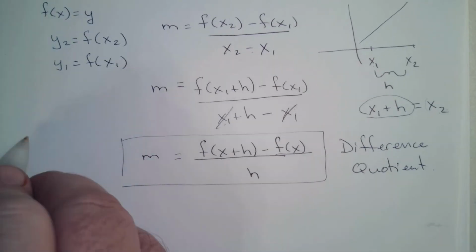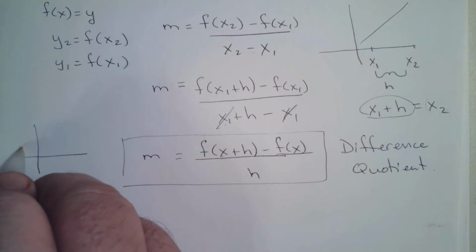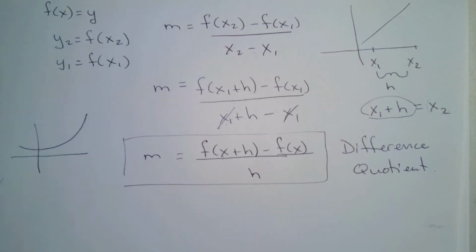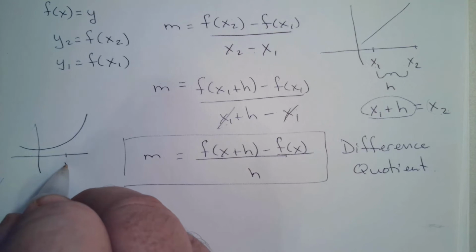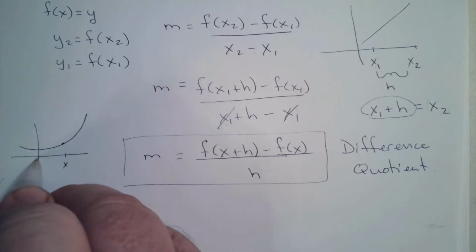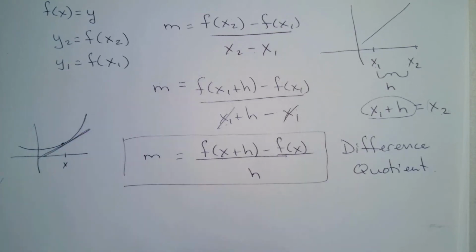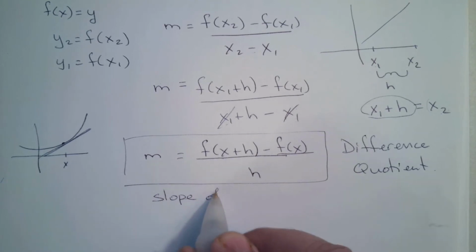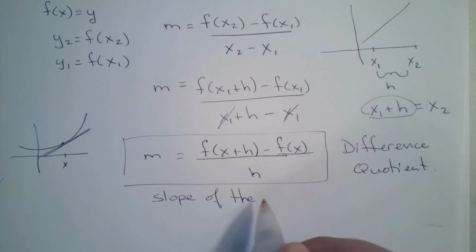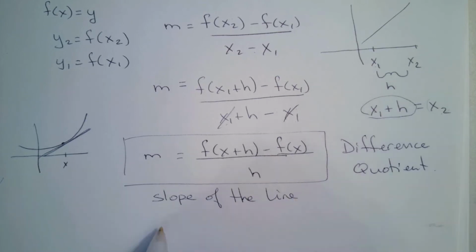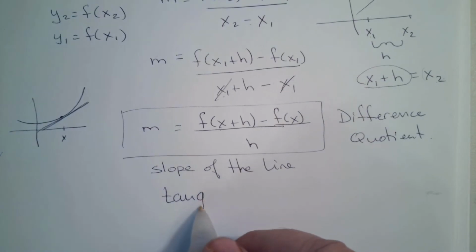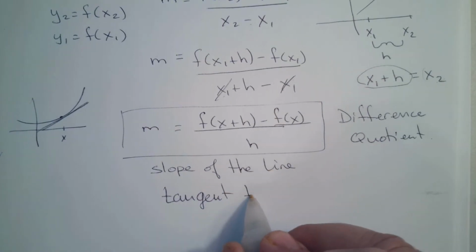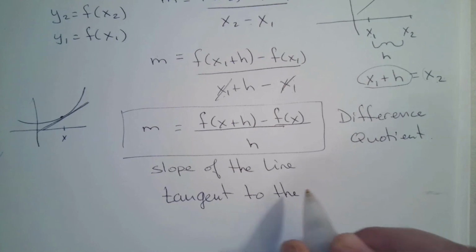So for example, if we had a curve, we pick a value of x, we could find the slope of the line tangent to the curve.